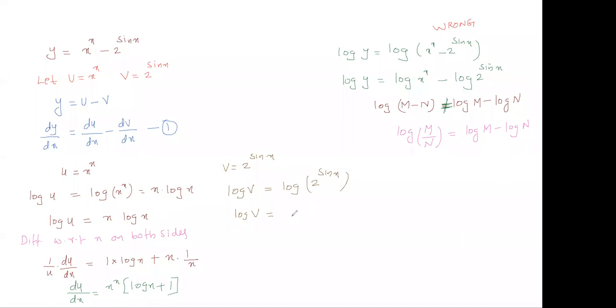Logarithm of a power is power into logarithm of the base, so log v is equal to sin x into log 2. So now differentiate both sides with respect to x.